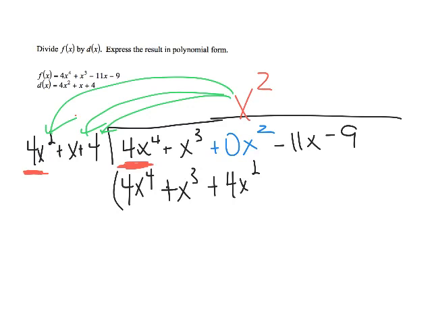You are subtracting that whole polynomial there. Your first two terms are actually going to cancel out, 4x to the fourth and x cubed. When you subtract their respective terms, then it's gone. So now we've got a 0x squared minus a 4x squared, which gives me a negative 4x squared.